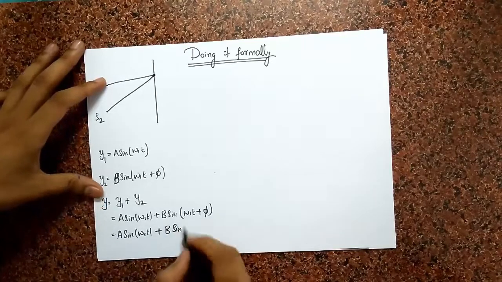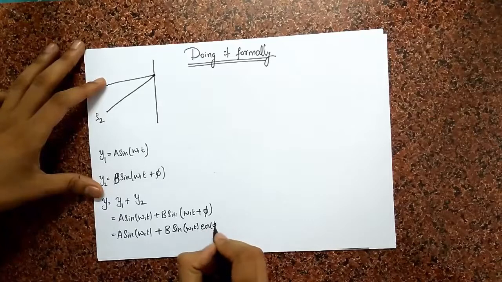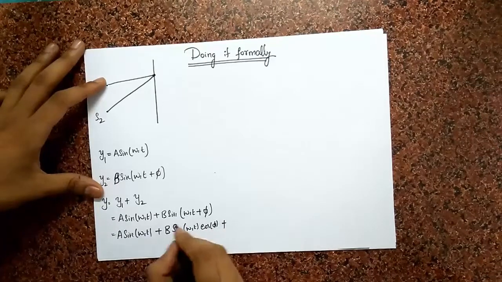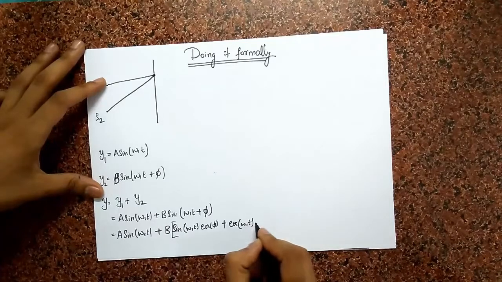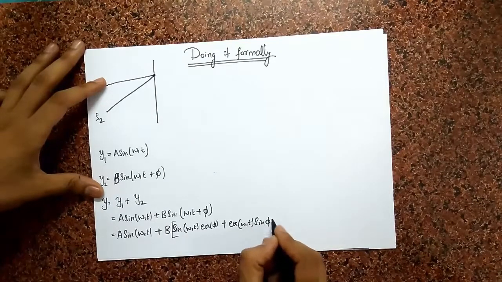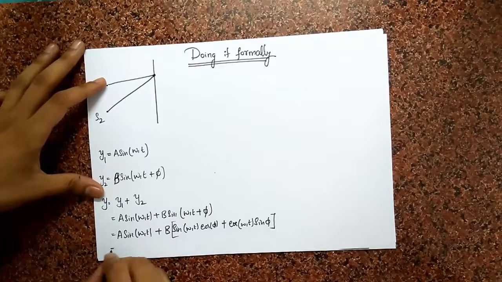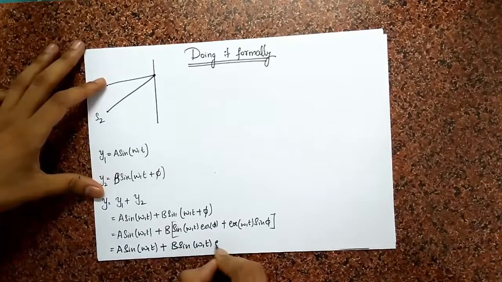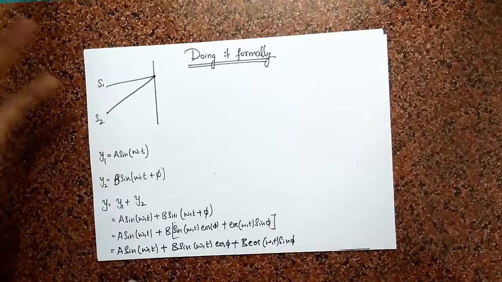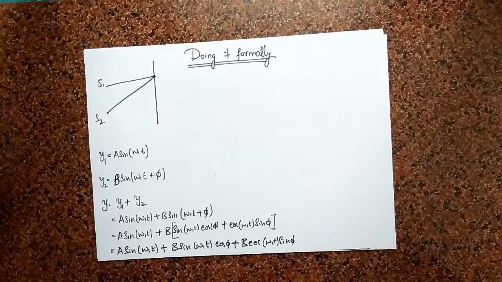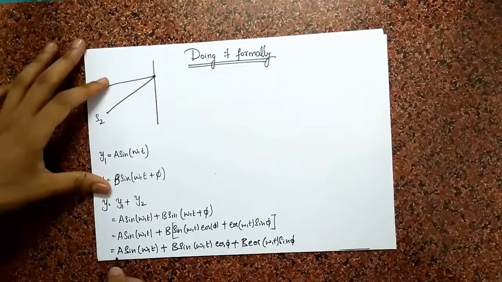Sine of A plus B is sine A cos B plus cos A sine B. Okay, so what will I do with this? Aha. Here I see some constant.